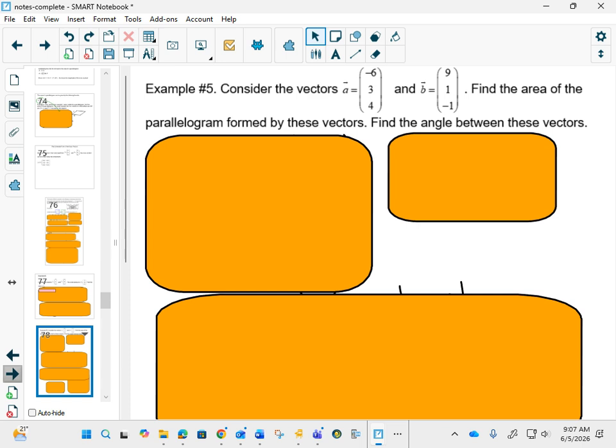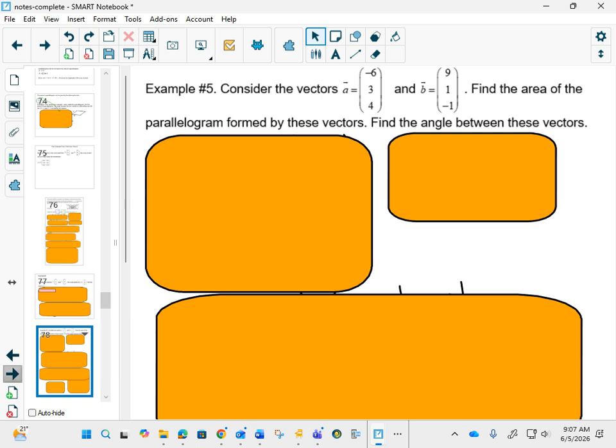So if we consider these two vectors, find the area of the parallelogram and find the angle between them. So we've got two vectors in 3 dimensions. Which I find if I took a point in space and I try to draw this out, this is going -6 in the x direction.